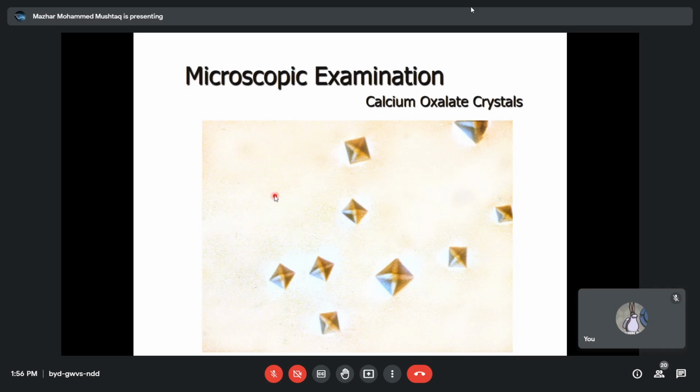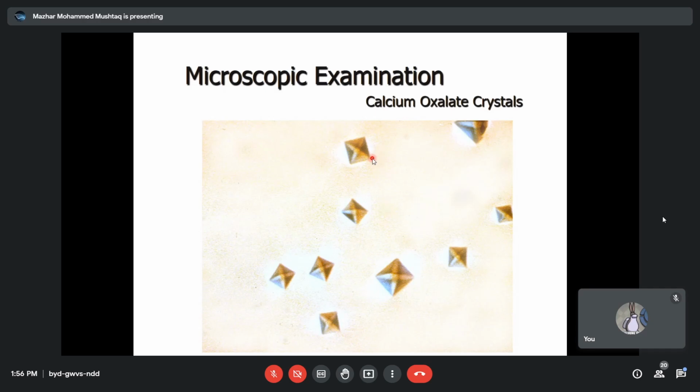Squarish? Pyramid. Yes, they look like a pyramid, or you can also call it an envelope crystal.